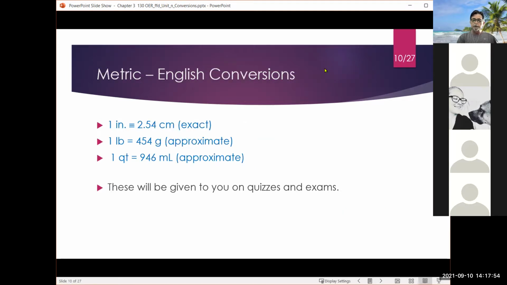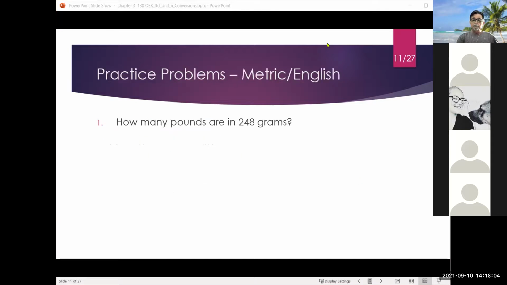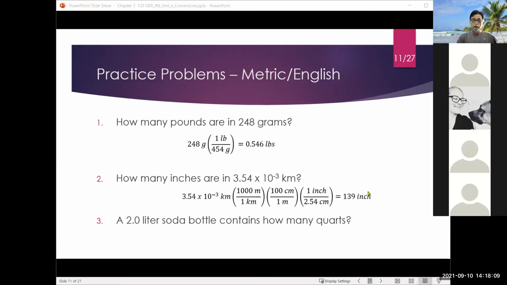All right. Any other questions? All right. So these are the conversion factors. And I realize you can combine a lot of these conversion factors, and that's good.